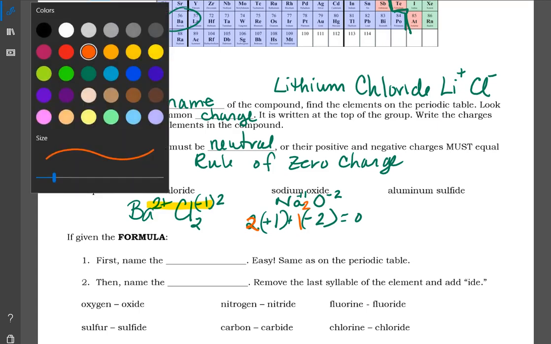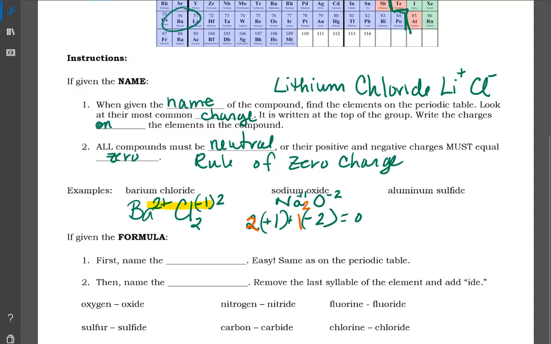Our third one, aluminum, has a 3+ charge, and sulfur has a 2- charge. If we use our algebra problem, something times +3 plus something times -2, what could we multiply 3 by and multiply 2 by that would give us 0?